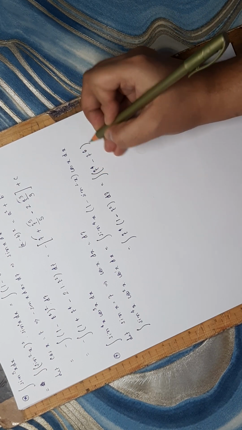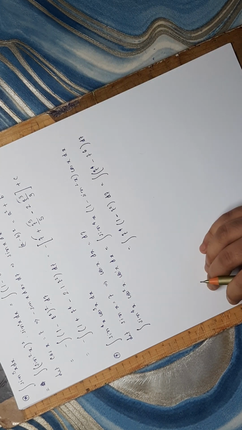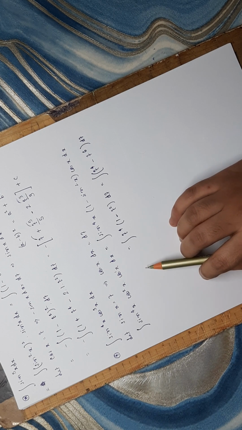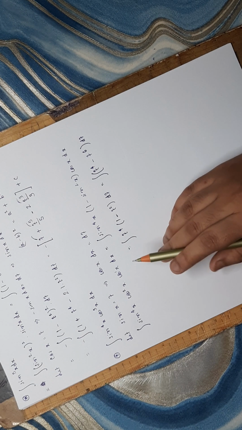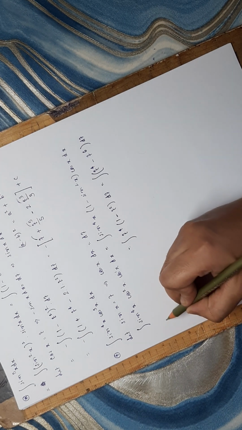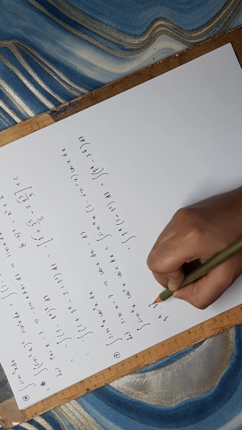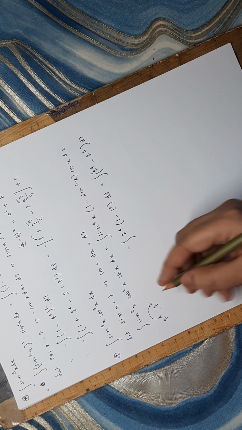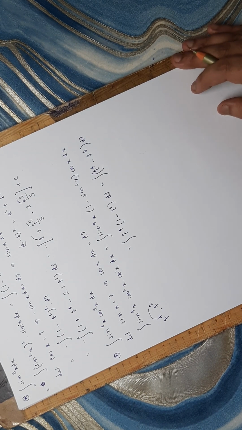power 6 into dt. A few minutes ago I said that the powers, when they have a multiplication sign in between, get added up, right? So if there is t to the power 4 dot t to the power 2, then these two powers will essentially get added up when there is a multiplication sign in between them, okay?